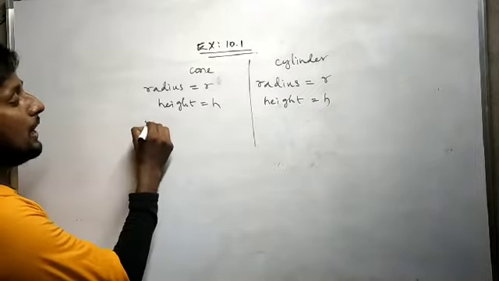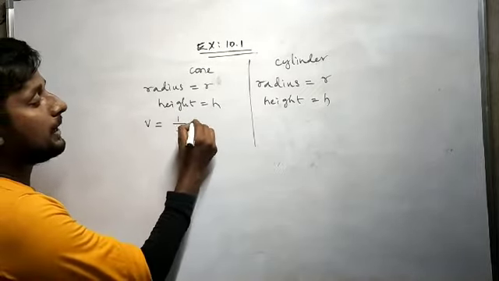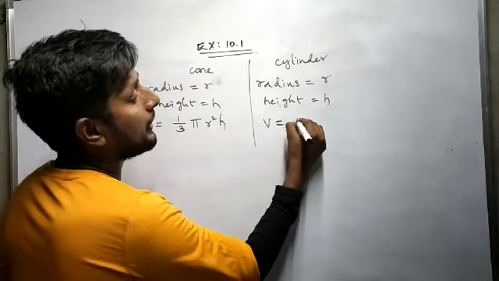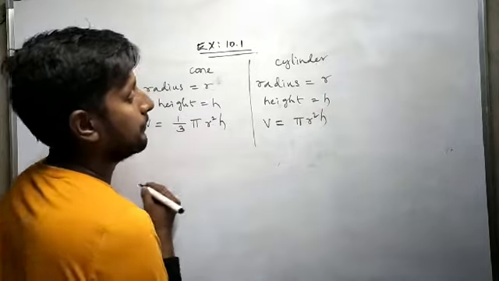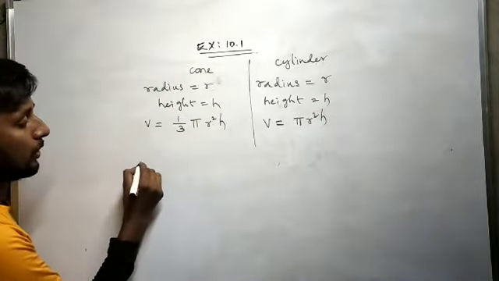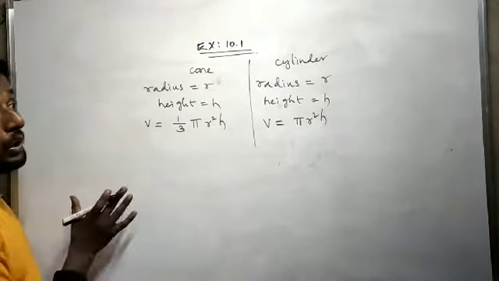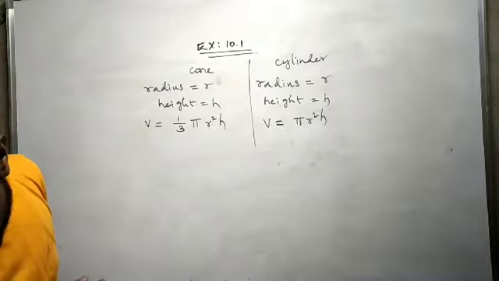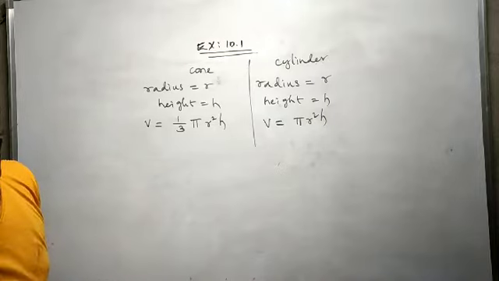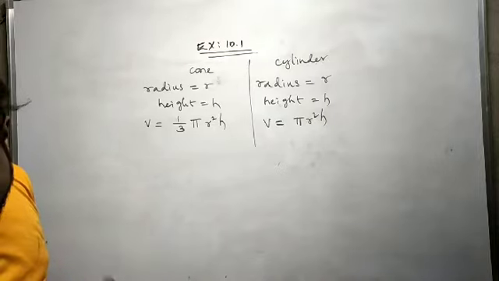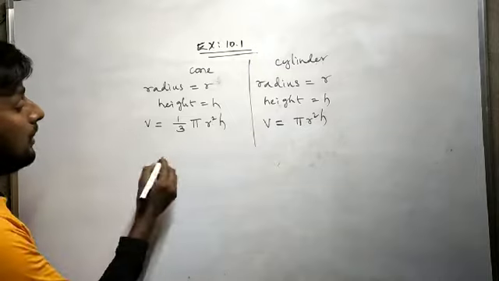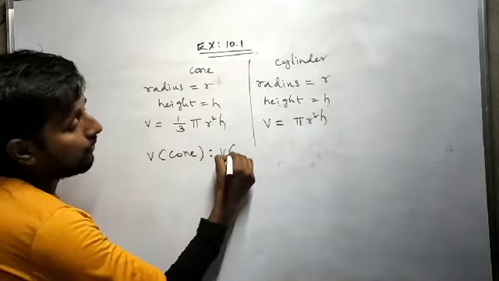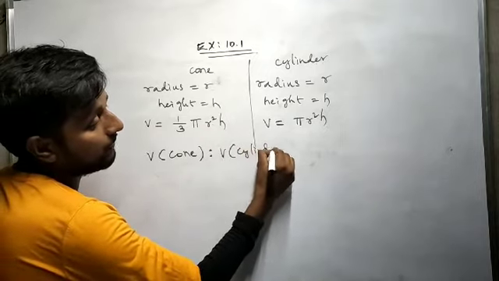Okay. So the volume of the cone is 1/3 pi r square h. And the volume of the cylinder is just pi r square h. Now if you want to find the ratio, it asks for the volume of the cone to the volume of the cylinder.